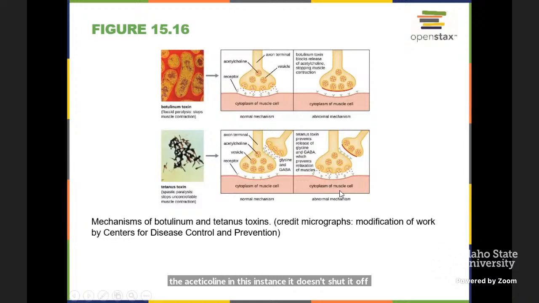And it's a constant dumping of acetylcholine, keeping those muscles constantly contracted. You have all probably heard of tetanus and lockjaw as one of the ill effects that you might experience with that. More than just muscles in your face, your entire body, all right? And the images of individuals dealing with tetanus are truly very disturbing, all right?